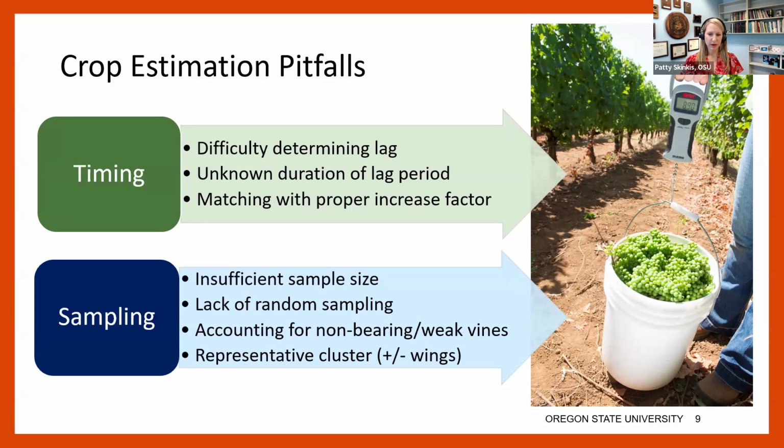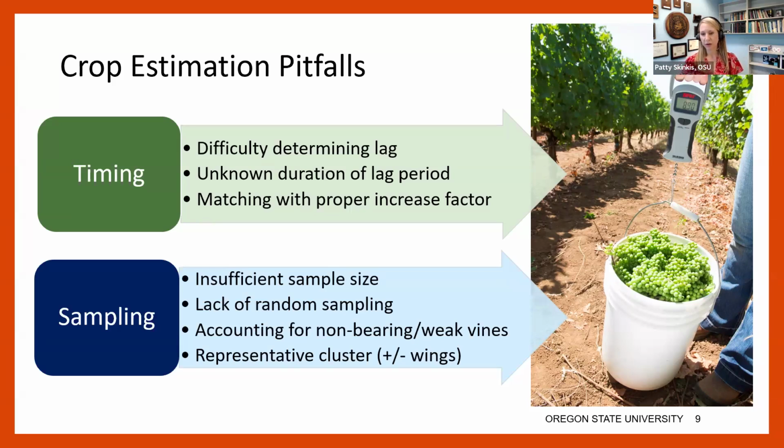People weren't still happy with just what they were always doing. There were problems. And what could be the problems of why their crop estimations were coming back not quite what they would like? Well, first of all, it's difficult to determine when lag phase occurs. It's not visible like bloom or even bud break. It's not as easy to determine as veraison in red fruited varieties.